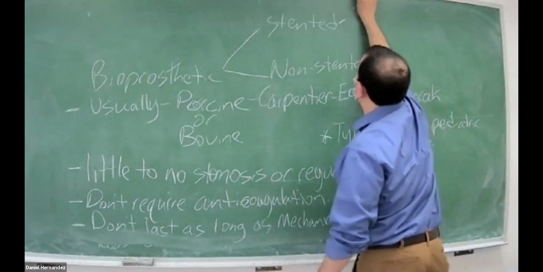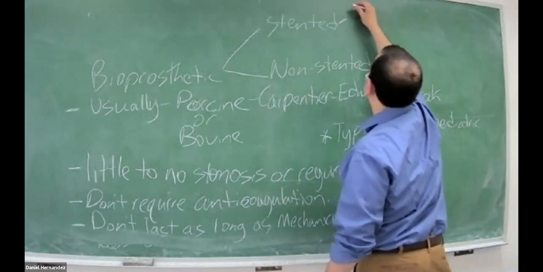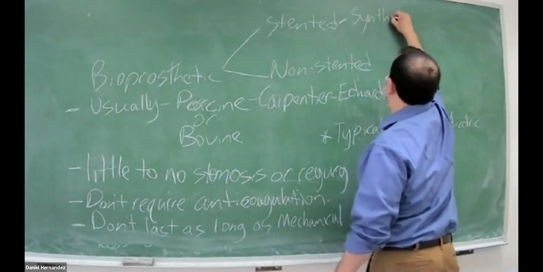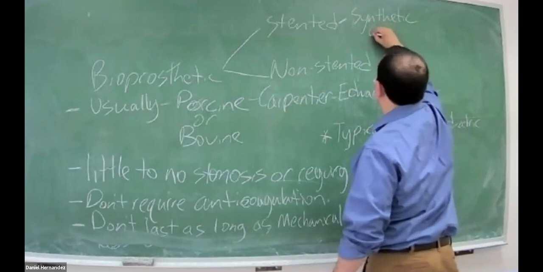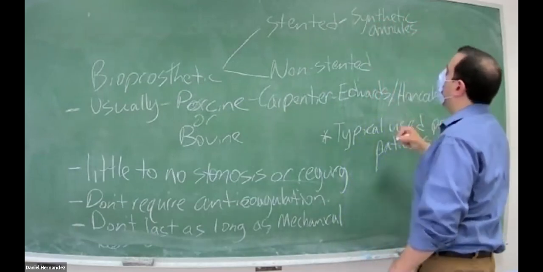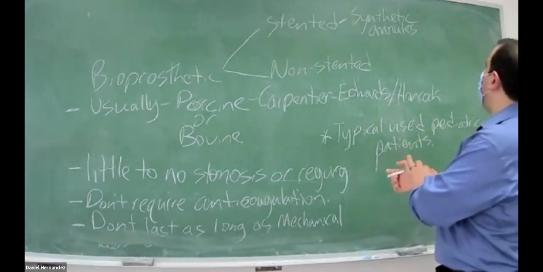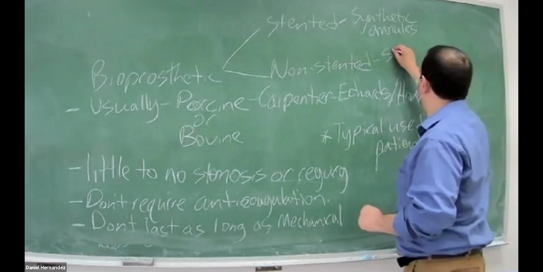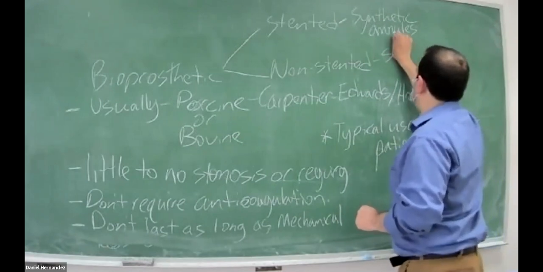I don't want to say mechanical, but synthetic. It's got a stent that's holding open that valve area, whereas the non-stented are sewn directly into the annulus.